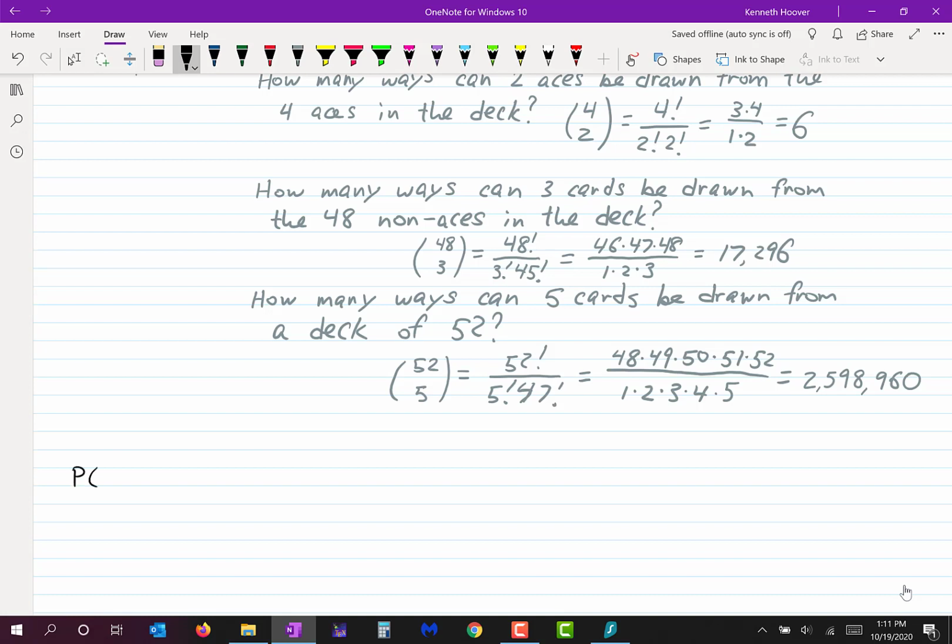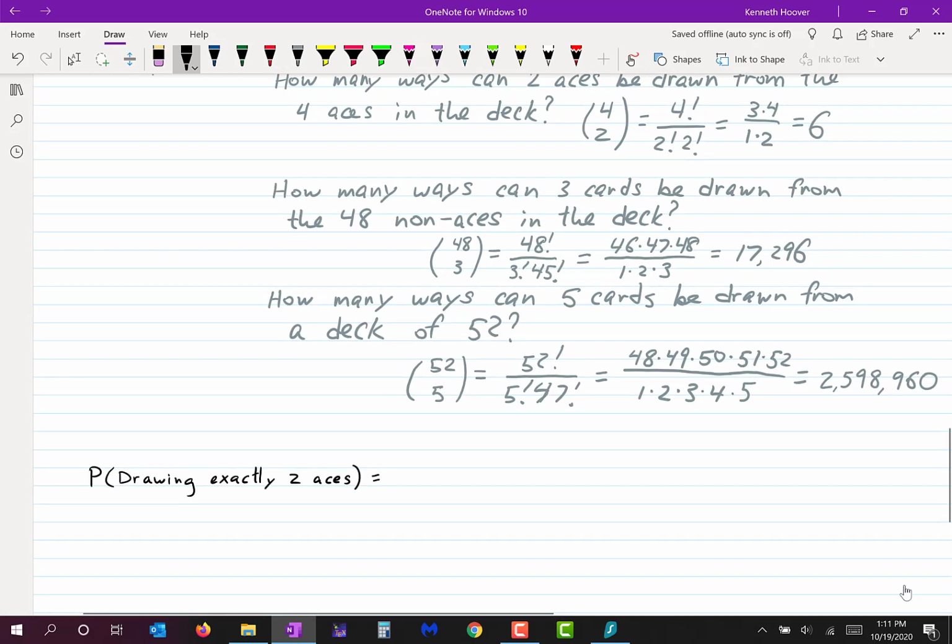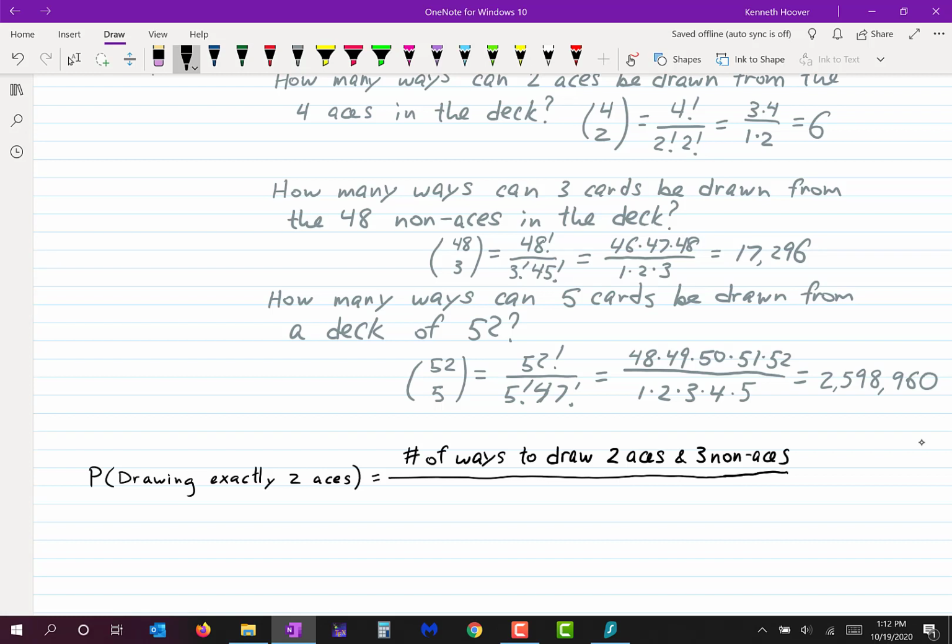So the probability of drawing exactly 2 aces equals, it's a fraction, the number of ways to draw 2 aces and 3 non-aces divided by the number of ways to draw 5 cards.